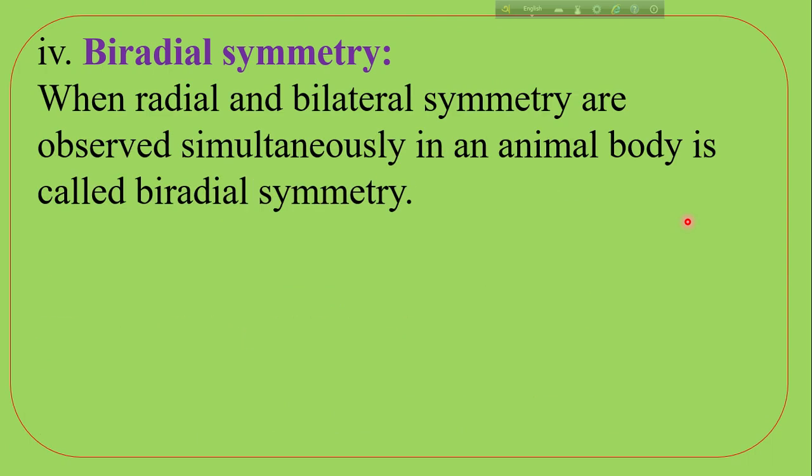Biradial symmetry. When radial and bilateral symmetry are observed simultaneously in an animal body, it is called biradial symmetry. At a time radial as well as bilateral.